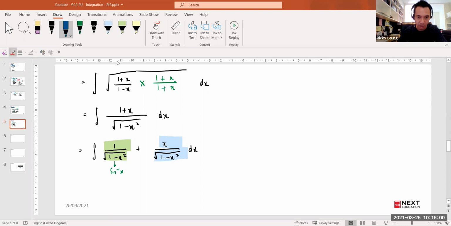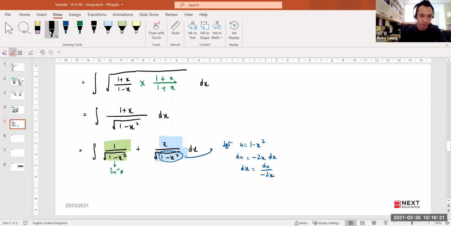For this one though, I'm going to let u, right? I'll do everything off to the side so I have a clean answer. So let u equal to 1 minus x squared, du equal to minus 2x dx, dx equals to du on negative 2x. Right, that cancels out perfect.